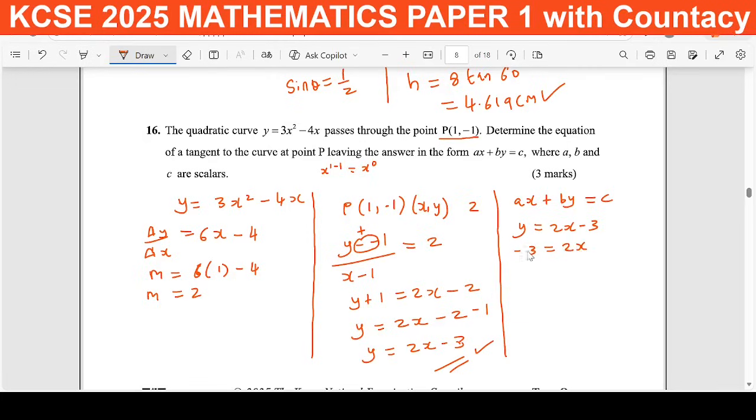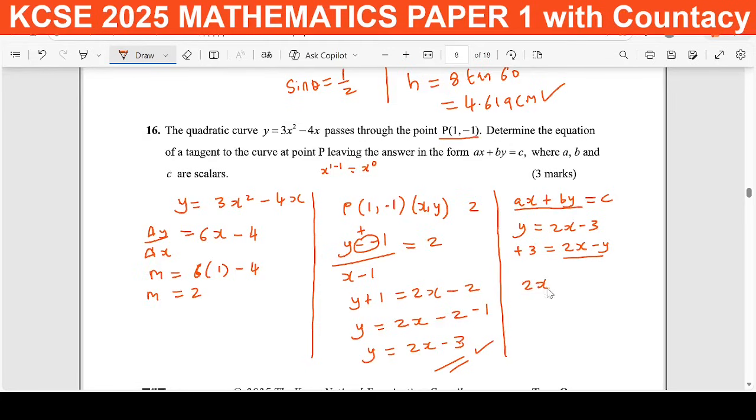2x. Actually, once you take this negative 3 to this side, it's going to be a positive, and this 2x is going to remain the same way it is because we are not changing its side. And then we take y to the other side to have minus y, and remember that we have to start with the right hand side so that it can match this equation.